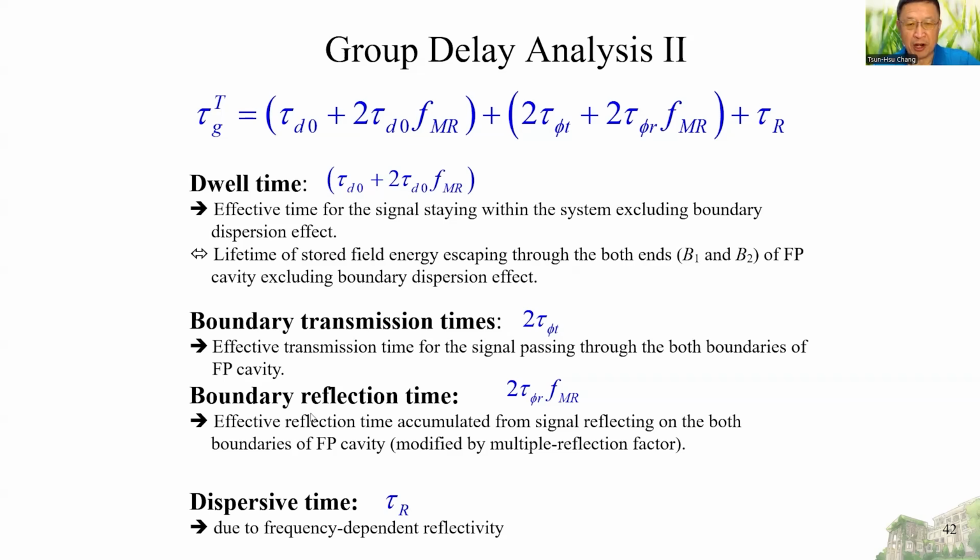And boundary reflection time, which should be multiplied by the multiple reflection because the wave bounces back and forth inside, so boundary reflection time also takes some time. And we have another term, dispersive time, due to frequency-dependent reflectivity, but this is relatively small compared with these three. Okay, now we have analyzed almost everything.